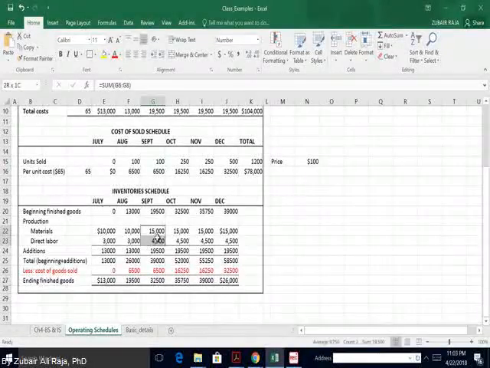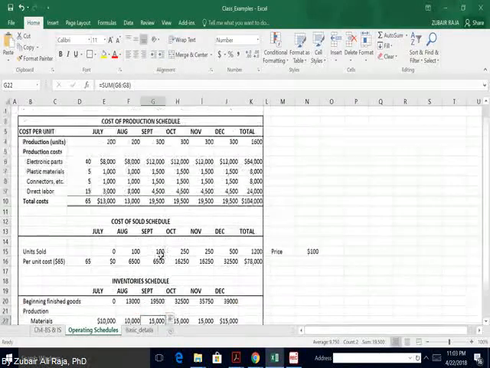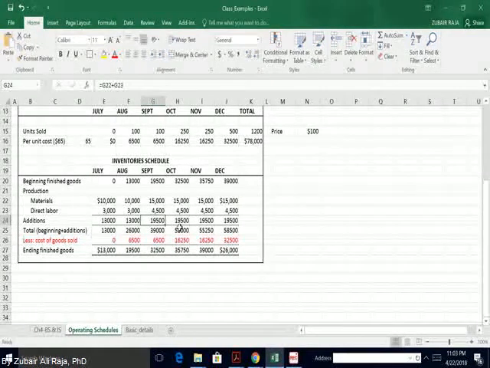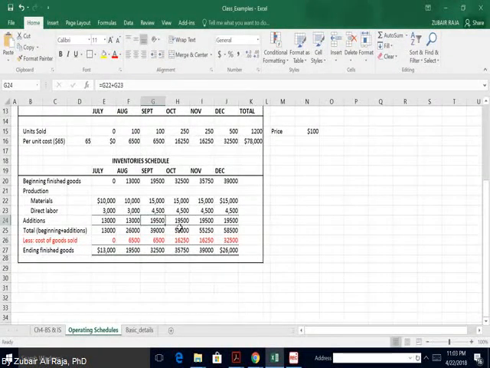So if you have them together during the month of September, while producing 300 scanners, the PSA Corporation incurred $19,500. And remember what was the beginning balance? It was also 19,500. So they produced 19,500 worth of scanners during the month of September, but 19,500 worth of scanners were also already present in their warehouse before they started producing more scanners in the month of September.